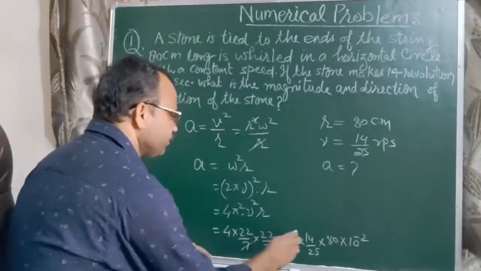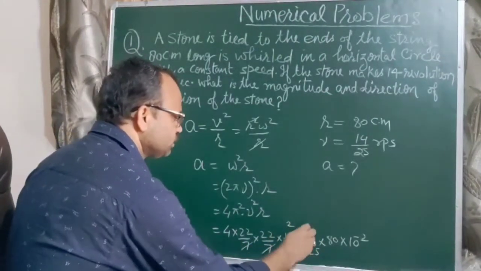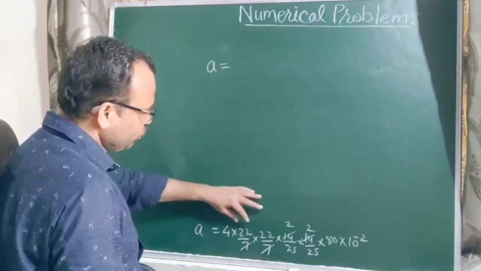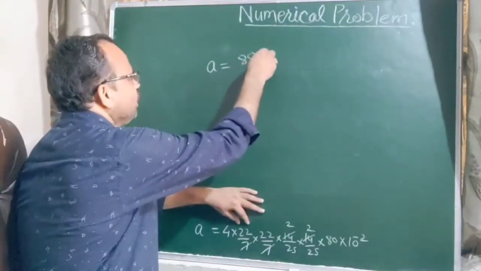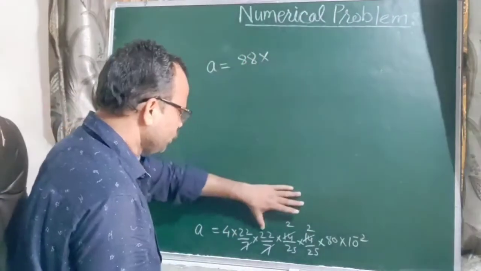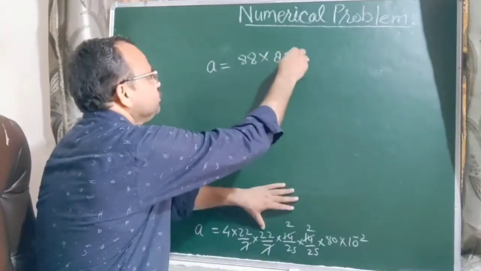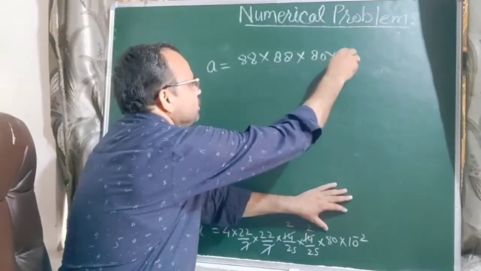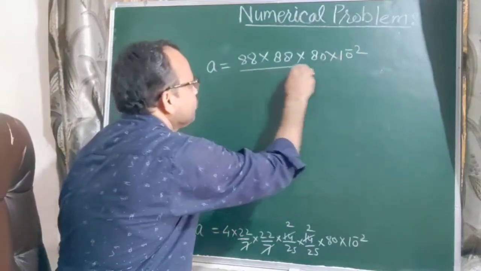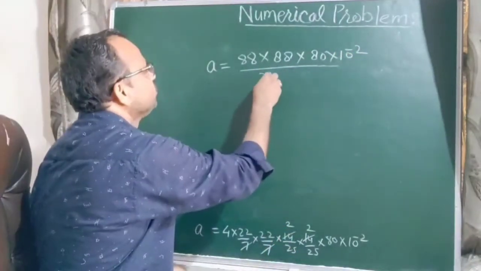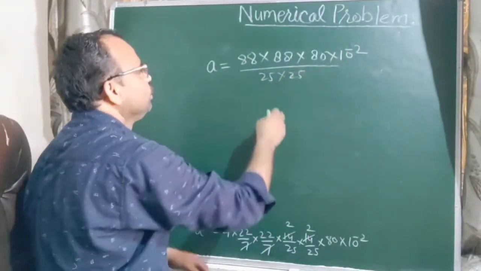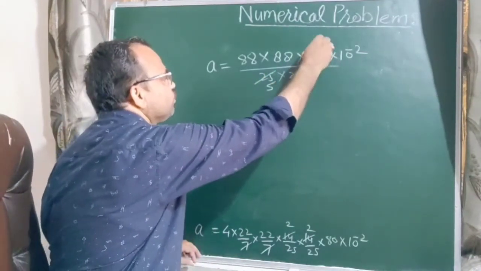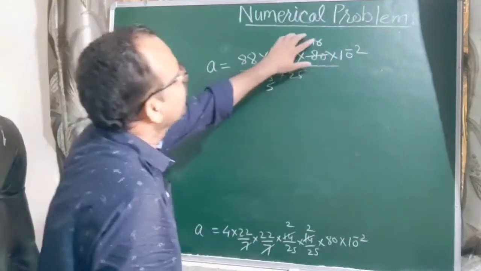So 7 into 14, again 7 into 14. Solve this equation. a equal to 4 into 22 is 88, into 2 into 4 into 22, again 88, into 80 into 10 to the power minus 2, upon 25 into 25. So 5 5s are 25, 5 1s are 5, 5 6s are 30.